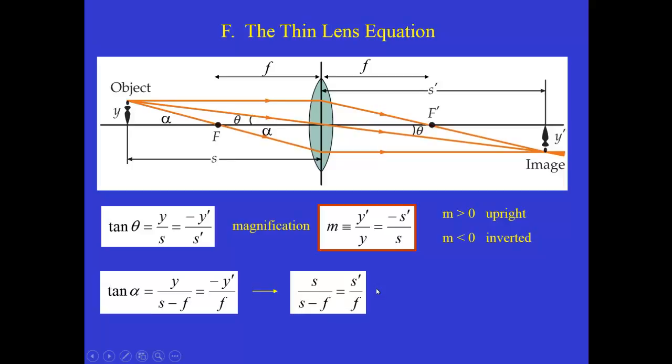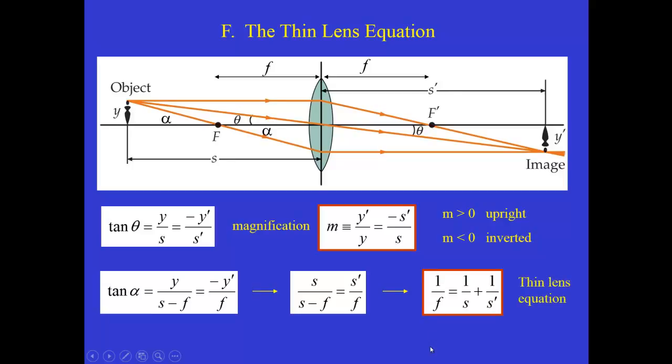And so we can rewrite this equation in a little bit more elegant form as a relationship between the reciprocals of these distances. So if we solve this equation for 1 over f, we find that 1 over f is 1 over s plus 1 over s prime. The reciprocal of the object distance plus the reciprocal of the image distance gives the reciprocal of the focal length.